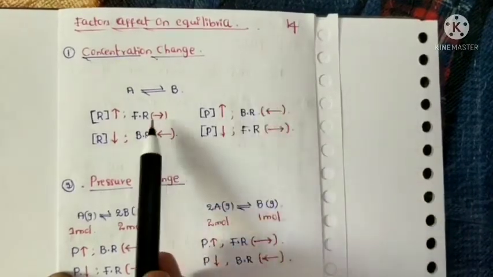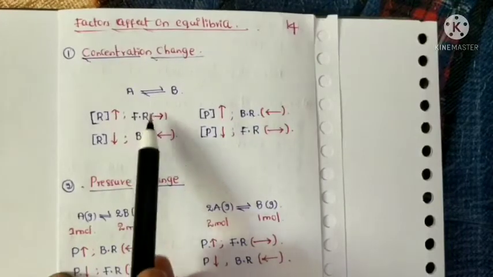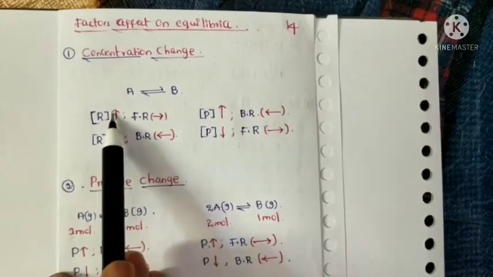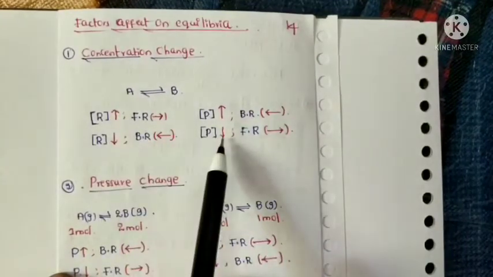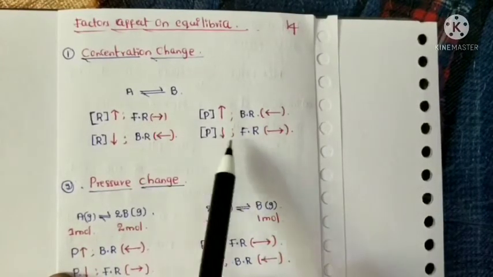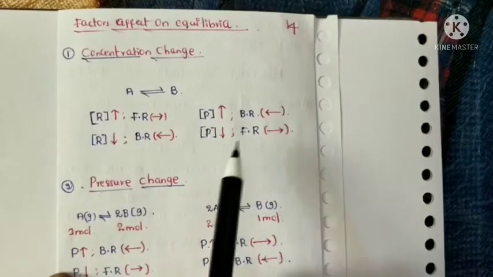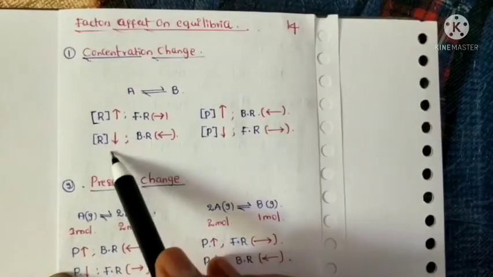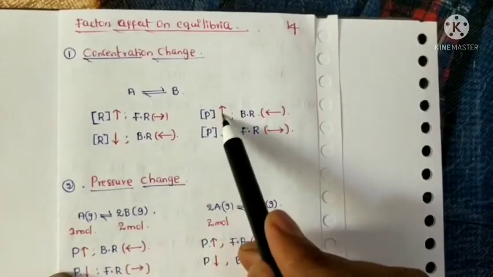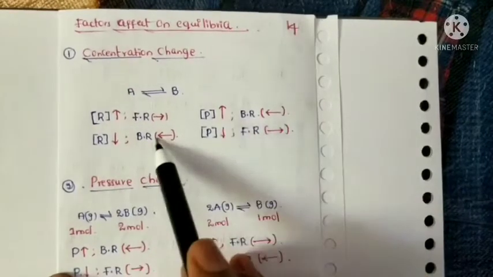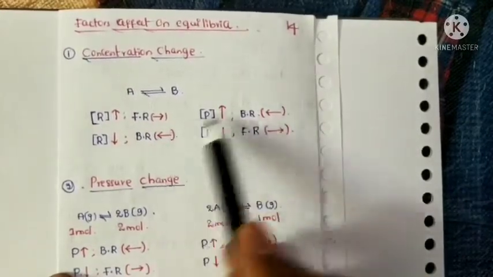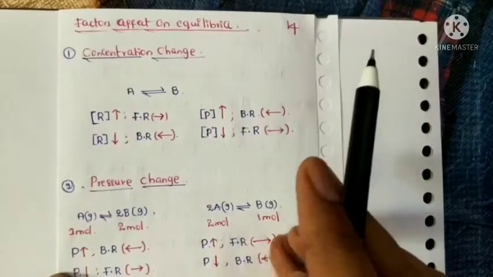So if the reactant concentration increases or the product concentration decreases, in both situations the forward direction is favored. If the reactant concentration decreases or the product concentration increases, in both situations the backward reaction is favored.